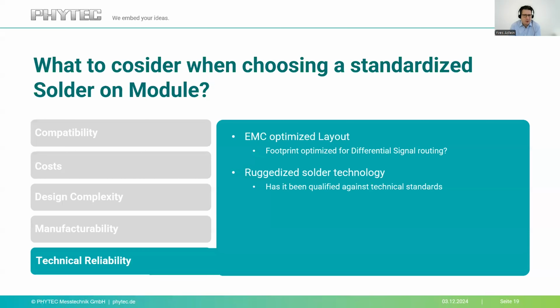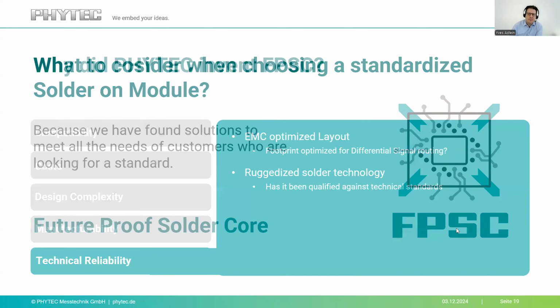It has to be qualified against technical standards in order to ensure that you will not hit any problems with your solder connection when the product is out in the field. Temperatures are rising and falling back and forth, maybe physical stress on the solder connection by vibration. Those are all things that need to be ensured so they won't cause problems in the long run.